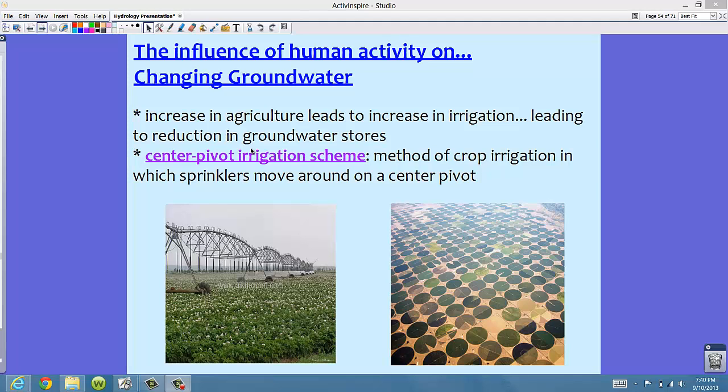On the right-hand side, you'll see an aerial photograph of a whole area of agriculture that is irrigated by the center pivot scheme. Notice that we have these large green areas, which is the agriculture. This is where the crops are being grown. But also notice all the brown areas. These are areas that are not being grown right now. There's nothing in those particular areas.